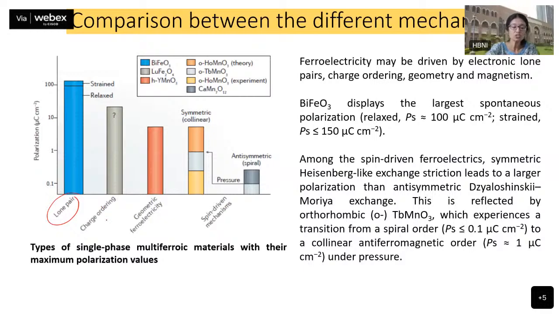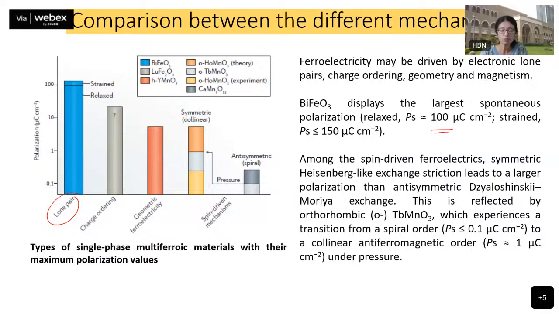Whereas when you look into charge ordering or geometric ferroelectricity, the geometric ferroelectricity basically shows much less polarization compared to the lone pair polarization. And that is why in type 1 multiferroics, BiFeO3 is the most researched material. BiFeO3 displays the largest spontaneous polarization: in the relaxed form, the polarization is 100 microcoulomb per centimeter square, whereas in the strained form, it is 150 microcoulomb per centimeter square.